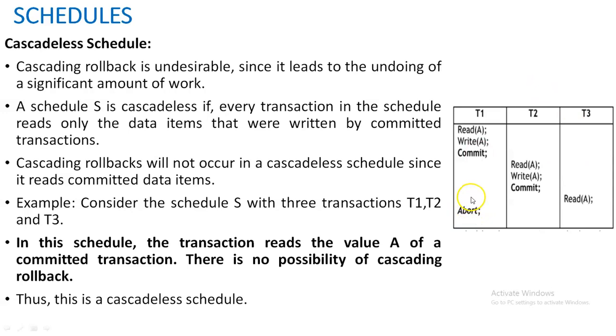No change will happen, so T1 doesn't need to roll back. T2, which is dependent on T1, also doesn't need to roll back. Likewise T3 doesn't need to roll back, because T2 started its operation only after the commit operation. Once committed, the data has been permanently saved in the database, so nothing will change and there is no inconsistency. Once a transaction has given a commit operation, the other transaction can depend on it. This type of schedule is called a cascadeless schedule.